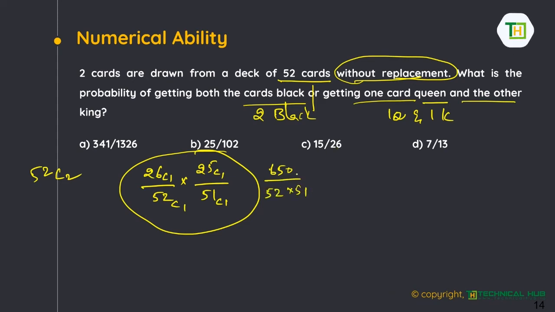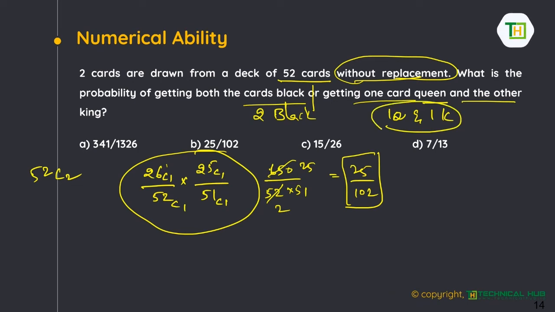This is the first case. Here you can cancel 26 with 52, leaving 2, so it is 25 by 102. First case is over: 25 by 102. And the second case: one card is king and one card is queen.